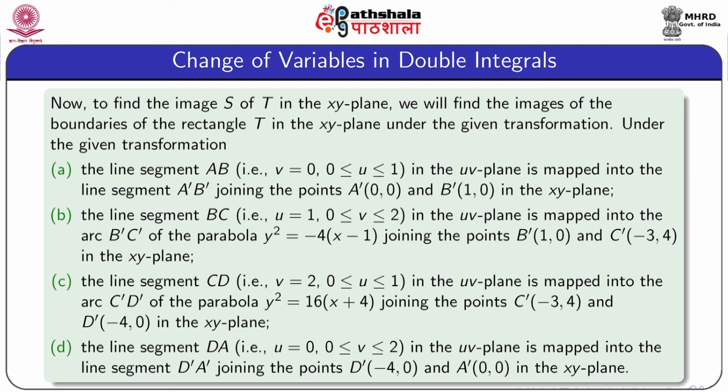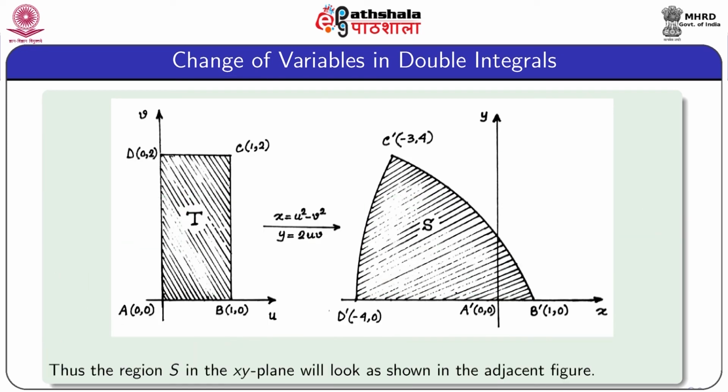And finally, the line segment DA, which is given by u equal to 0 and v belongs to [0, 2] in the uv plane, is mapped into the line segment D'A' joining the points D'(-4, 0) and A'(0, 0) in the xy plane. We have shown that by this figure, thus the region S in the xy plane will look as this.